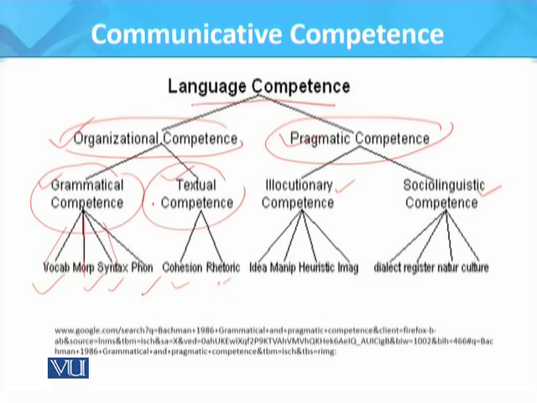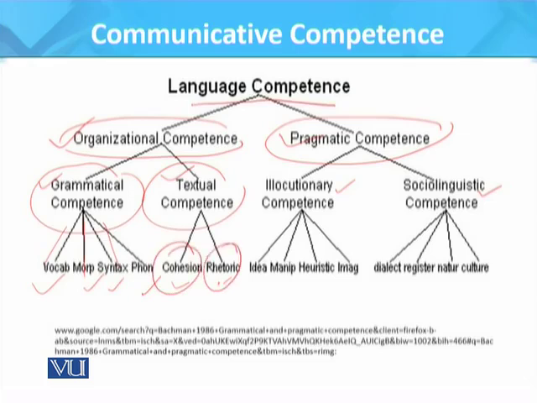When we look at the textual competence, we see that this competence includes the knowledge of conventions for joining utterances together to form a text, which is essentially a unit of language. It can be written, it can be spoken. And we see that text consists of two things, cohesion and rhetorical organization.